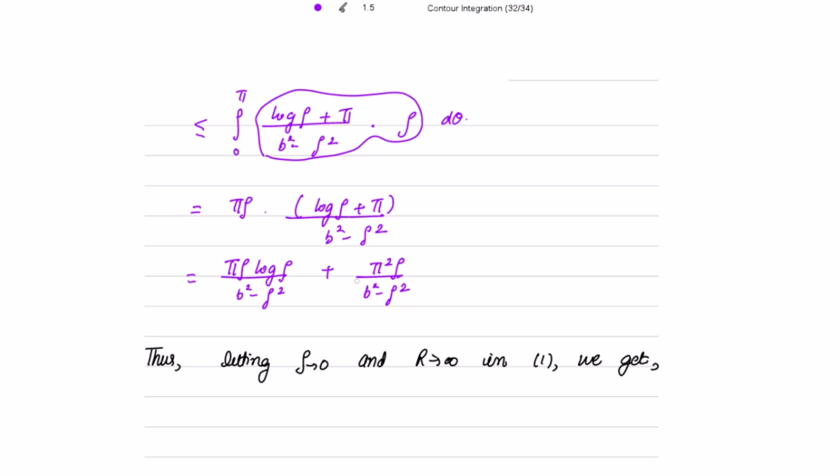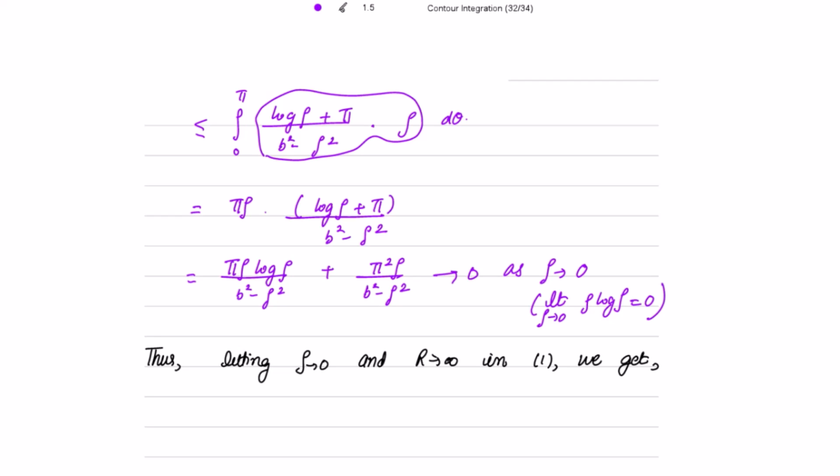So this both will tend to 0 as rho tends to 0. Please see in the numerator of the first term, if you apply the limit rho tends to 0, then rho log rho is 0. Fine.